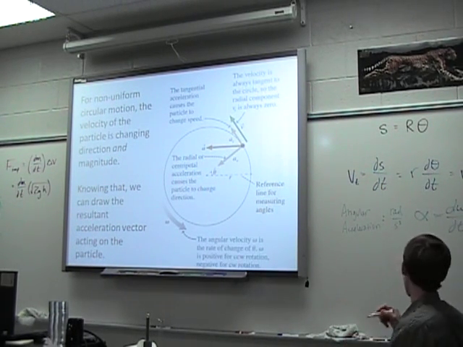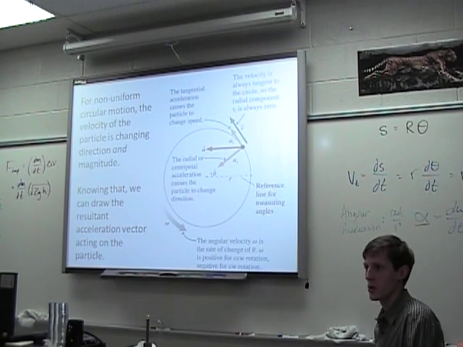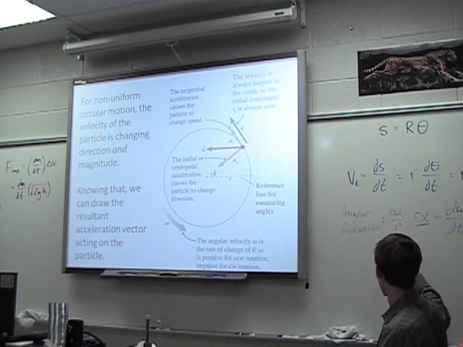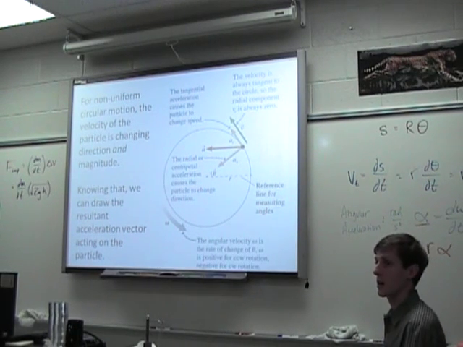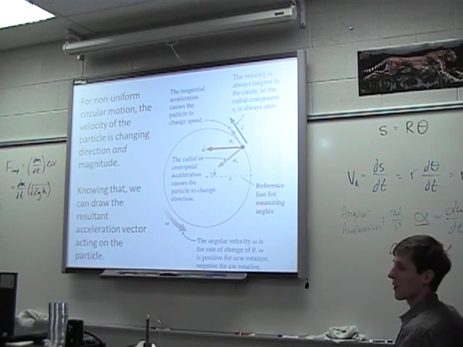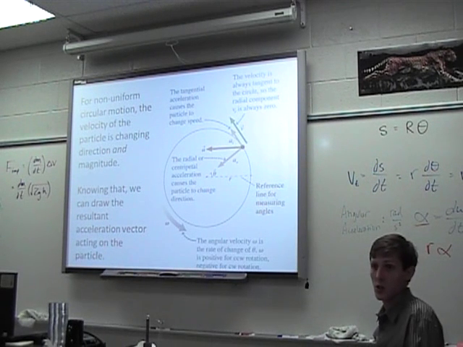And the tangential acceleration is connected to this. Take a wild guess. What's the equation for alpha in terms of the tangential acceleration? R alpha is equal to tangential acceleration. Have you seen the pattern yet? S equals R theta, V equals R omega, A equals R alpha. And this is tangential, tangential, arc length is tangential.